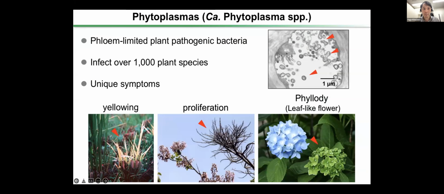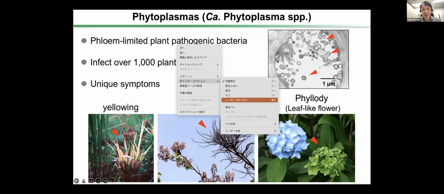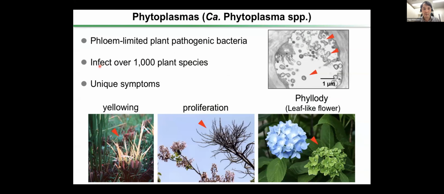Phytoplasmas are a group of plant pathogenic bacteria. They can infect over 1,000 plant species and induce unique symptoms such as yellowing, proliferation, and phyllody. My main study is to explore the disease development mechanisms, especially phyllody.